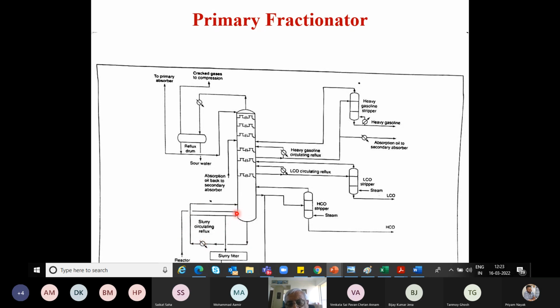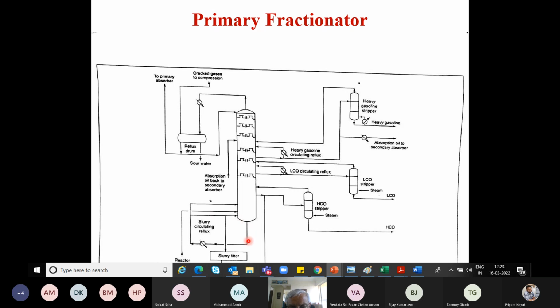The slurry, which is the unconverted material at the bottom, is called CLO, clarified oil, in some refineries, or in American refineries, and also in Jamnagar, we call it CSO, circulating slurry oil.